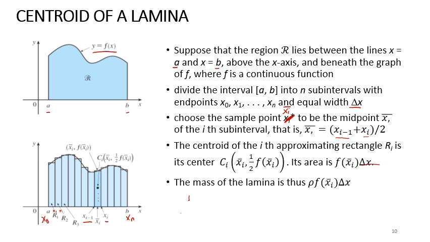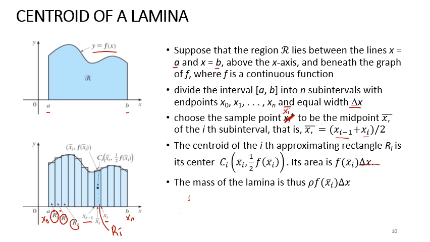Then you have this xi bar here. This is the i-th approximating rectangle, which you can call Ri. So this is R1, R2, R3, until the i-th rectangle, Ri.